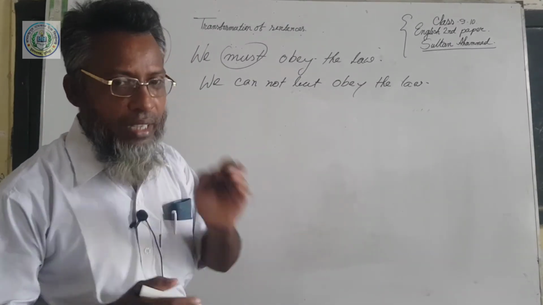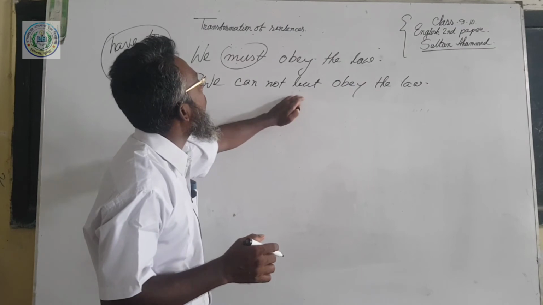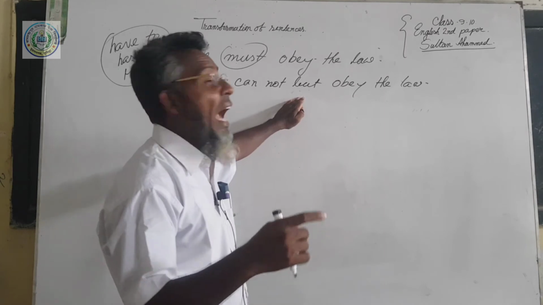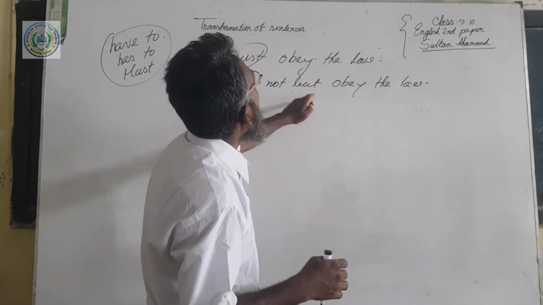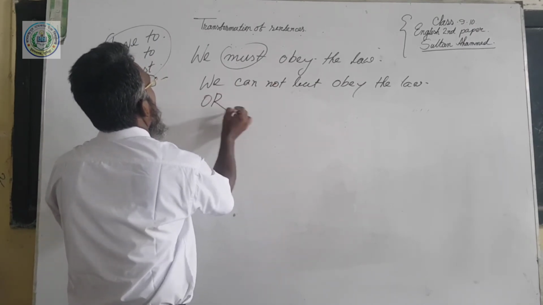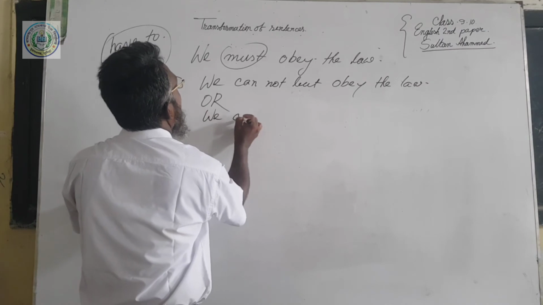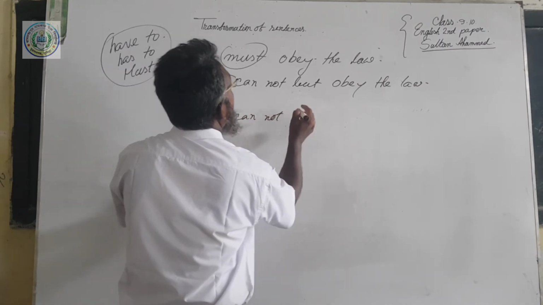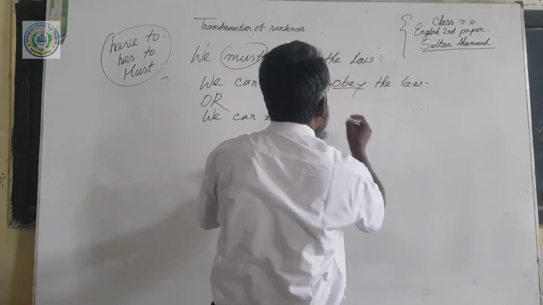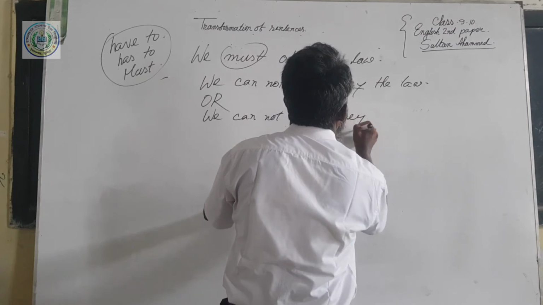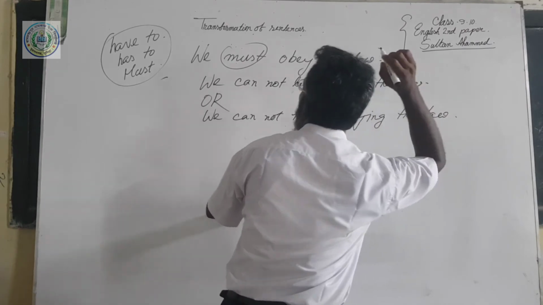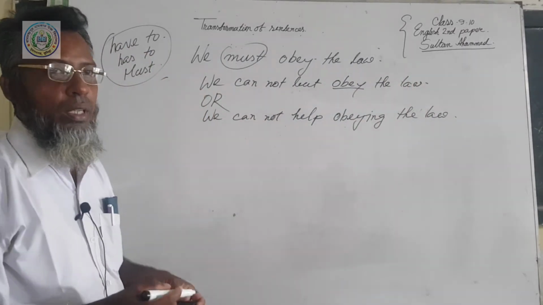If you use cannot help, you have to add ing to the remaining verb. So I will write here: we cannot help obeying the law. Yes, you can change it in this way.